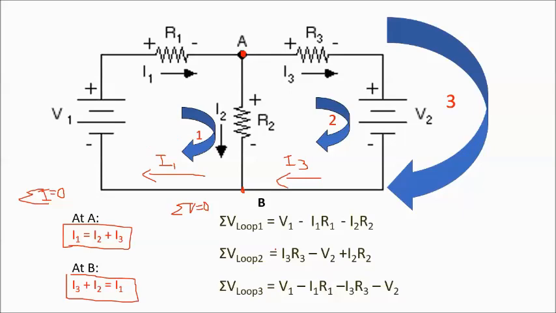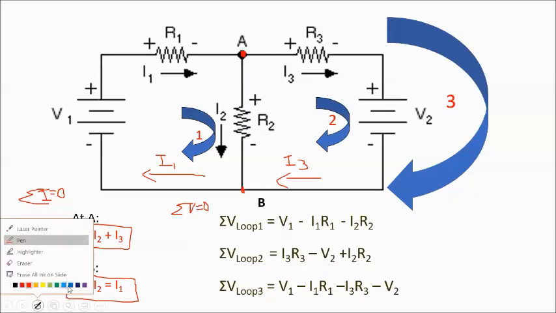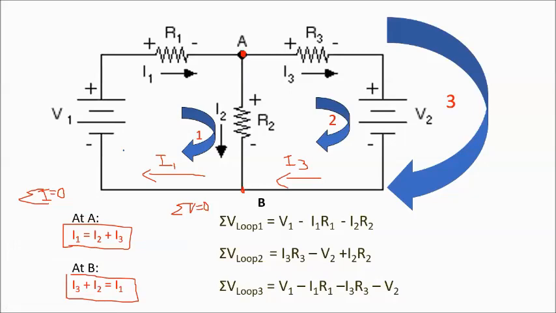So focus muna tayo sa loop number 1. Closed loop. Sarado na loop. Ito yung loop number 1. Okay. Yan ang loop 1. That's why I labeled it 1. Okay. So, let us analyze. Pwede kayo magsimula sa R1, R2, or sa V1.